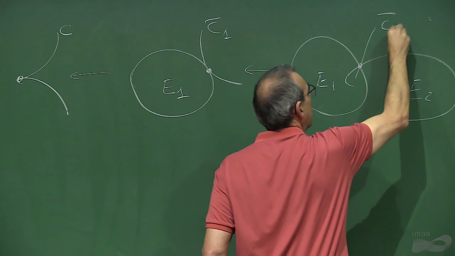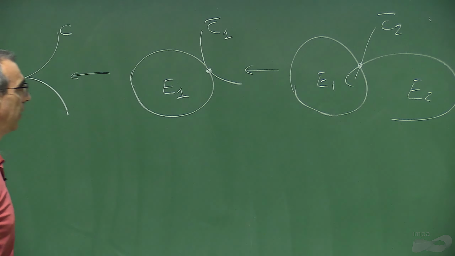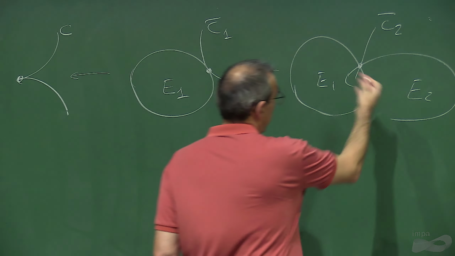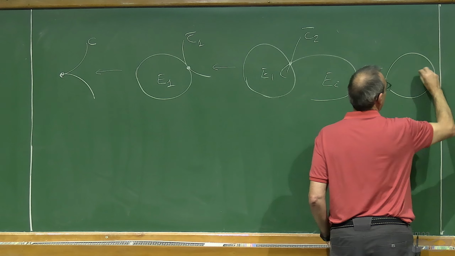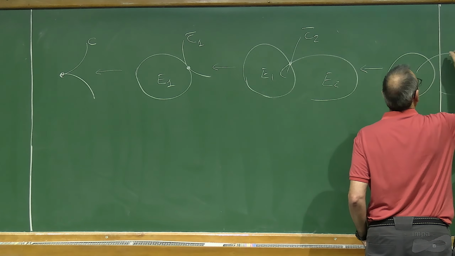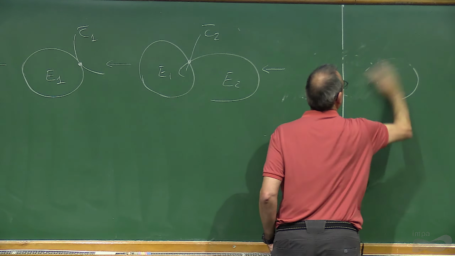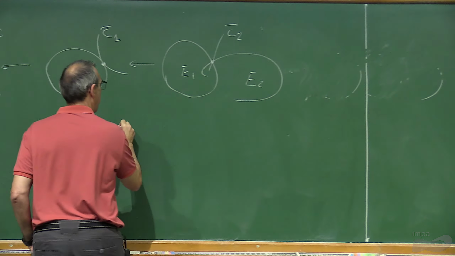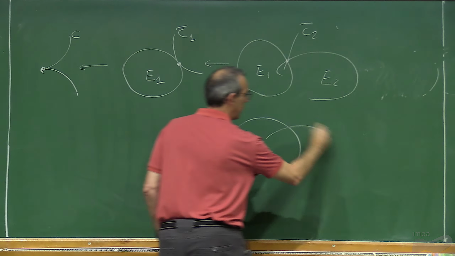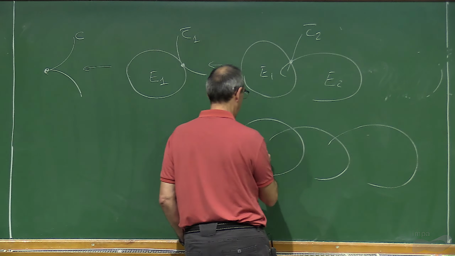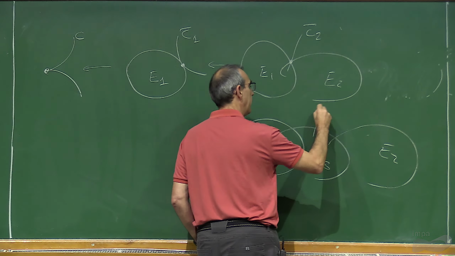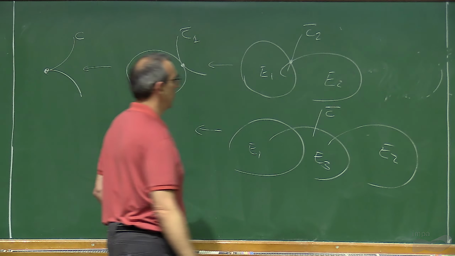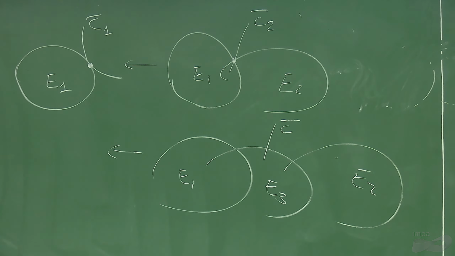Here we have the strict transform of the second stage, and finally here we denote the strict transform of the singularization of the cusp.